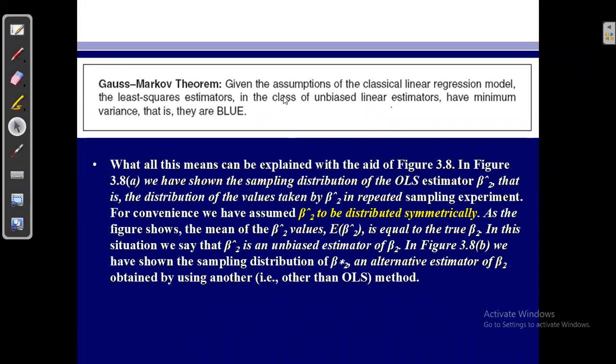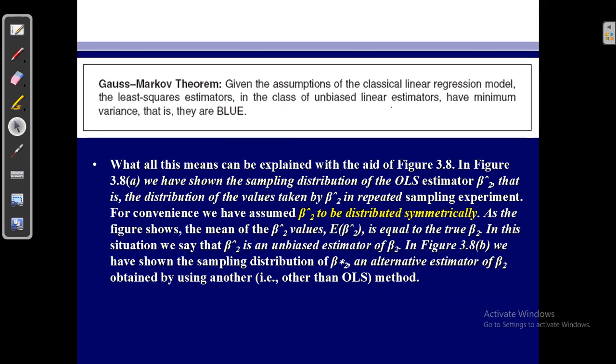It is actually saying that if you obtain the estimates of your parameters using the OLS method, then these estimators would possess three important properties which would make it different from any other estimator for your parameter.